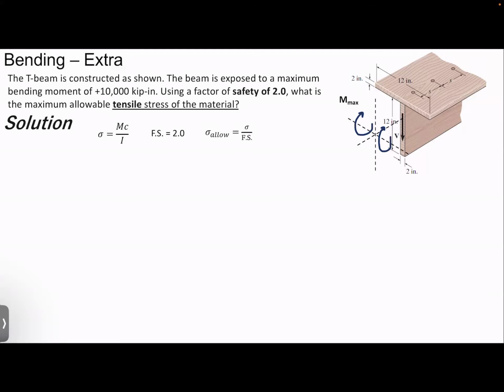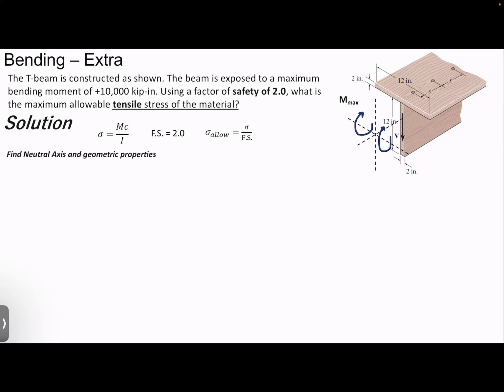We have to remember that the allowable stress is always less than the applied stress. So we divide it by the factor of safety. There were a lot of issues on exam one. Just remember, if it's safer, it has to be less. So if you're applying a factor of safety, the ending stress needs to be less than what you calculate.